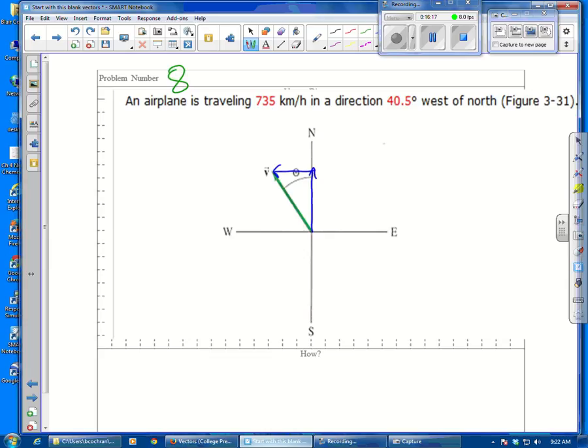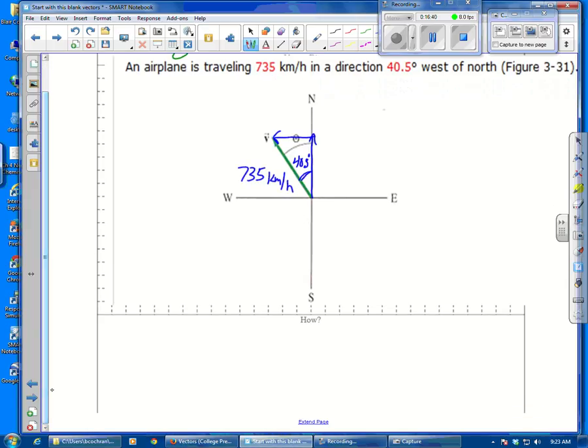I know that the length of my vector, the hypotenuse, is 735 kilometers an hour. And this angle in here, which I kind of obscured with my drawing, is 40.5 degrees for me. Everyone has different values for those, yes?